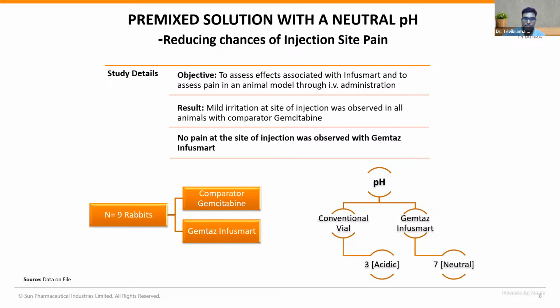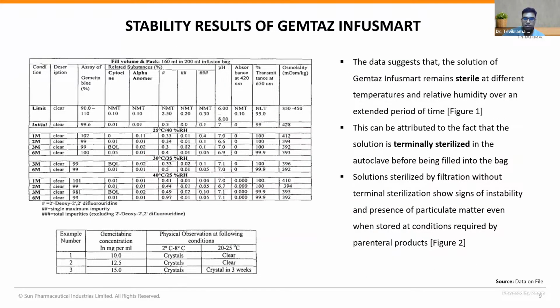The result is that mild irritation at the injection site was observed in all animals with comparator gemcitabine, and no pain at the injection site was observed with InfuSmart technology. It was a very small number, 9 rabbits, comparator gemcitabine versus InfuSmart. The pH with the conventional vial is acidic, around 3, and with InfuSmart it is neutral, that is 7, to ensure there is no irritation.